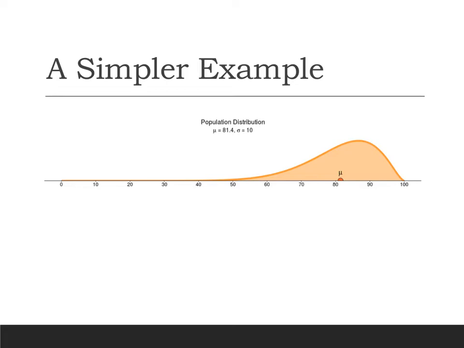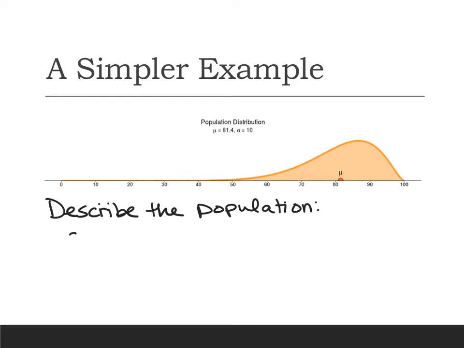So this is a distribution I can describe, the population. I can say that, as far as shape, this is very left skewed, or very skewed left without the hyphen.